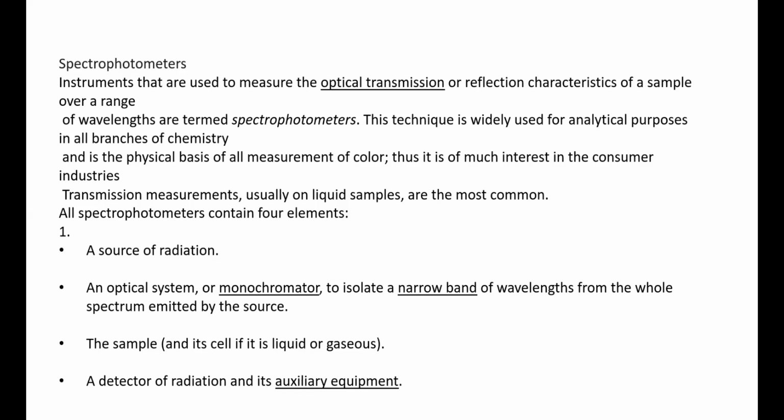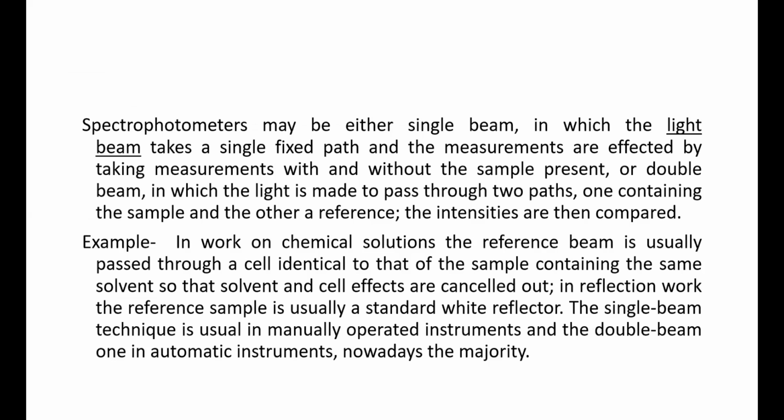Whatever signal is received needs to be amplified. If the concentration of analyte is low, the amount of absorbance will be very less, and the signal generated needs to be captured, so it is going to be multiplied. So photomultiplier tubes may be part of the detection system. How all these components are arranged and how they work, we have to see in the next part of the discussion.